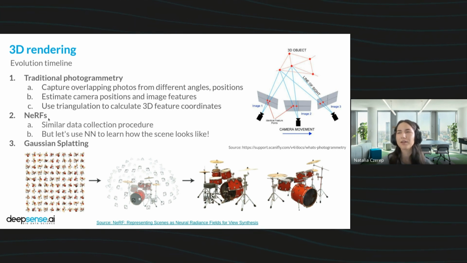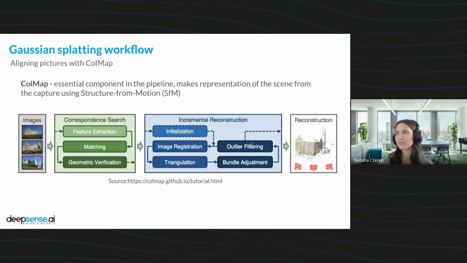Then we got the NeRFs, where we try to make a neural network learn what the scene looks like. And then people got interested in Gaussian splatting.